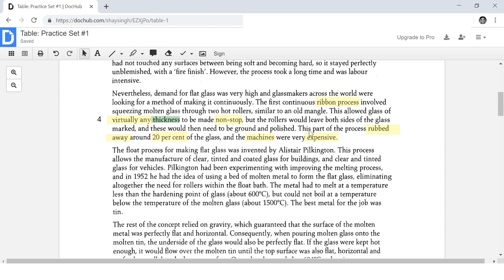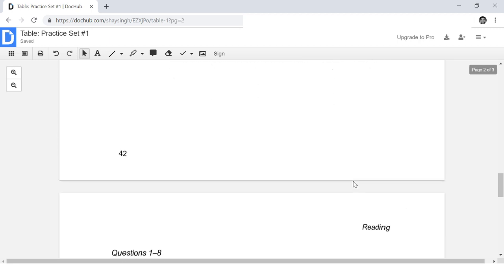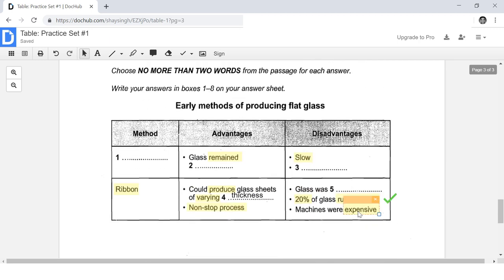That is a disadvantage, because in the next sentence, it says that this part of the process rubbed away 20% of the glass, and it basically increased their costs because the machines were very expensive. So it increased their costs. So it already talks about that machines were expensive. All right, we got that taken care of.